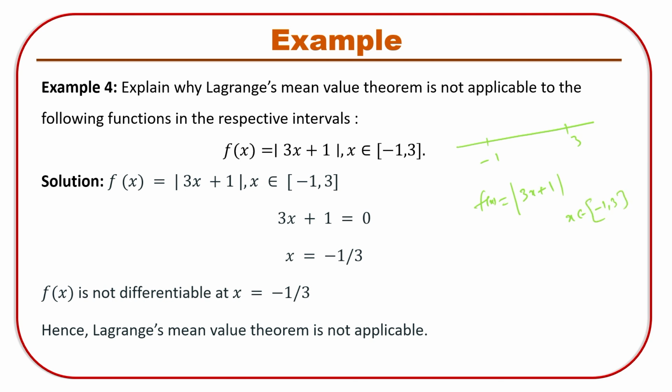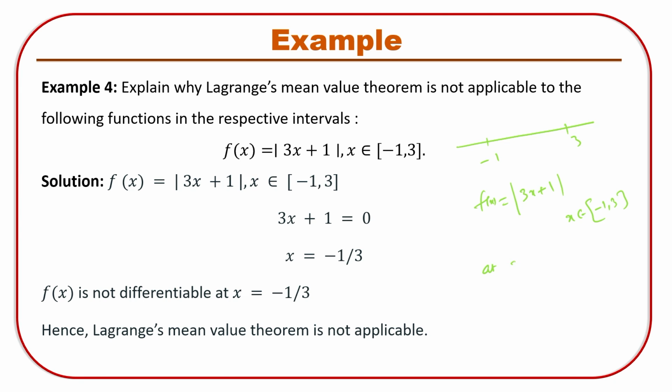And now it says that you have to prove that the Lagrange mean value theorem is not applicable for this. That means I have to check whether the function is continuous in the closed interval -1 to 3 and differentiable in the open interval -1 to 3 or not, right?